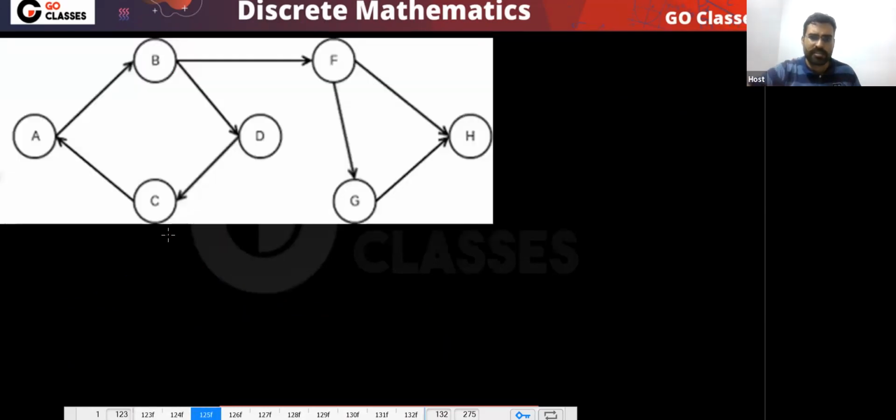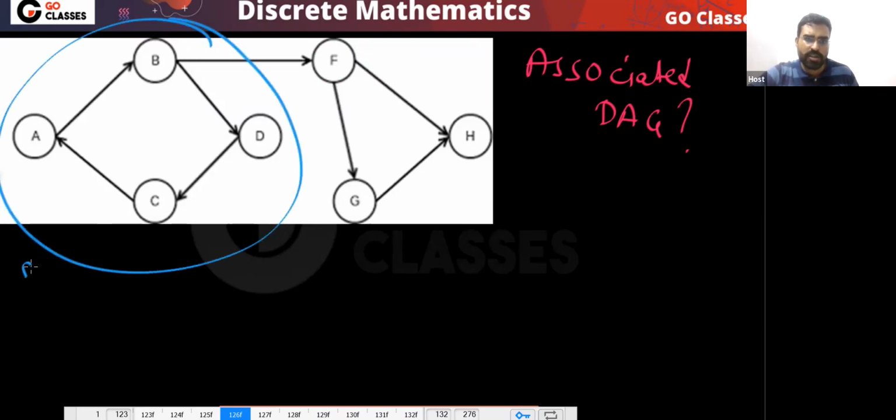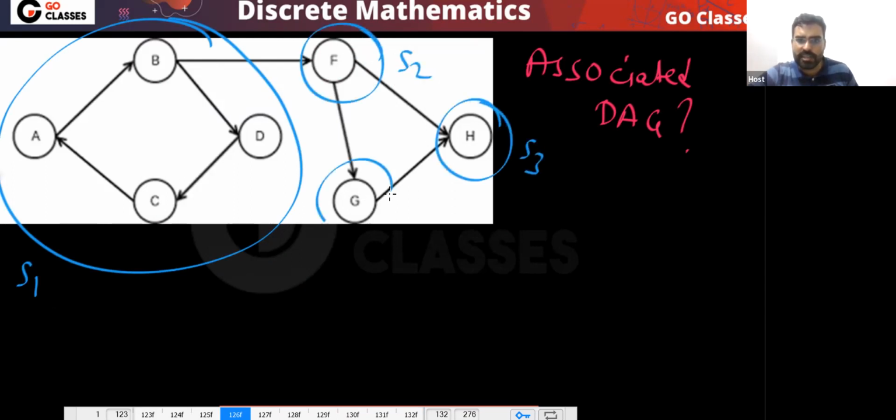Next, find the associated DAG for this. Again, you can notice this is a strongly connected component S1, this is S2, this is S3, and this is S4.